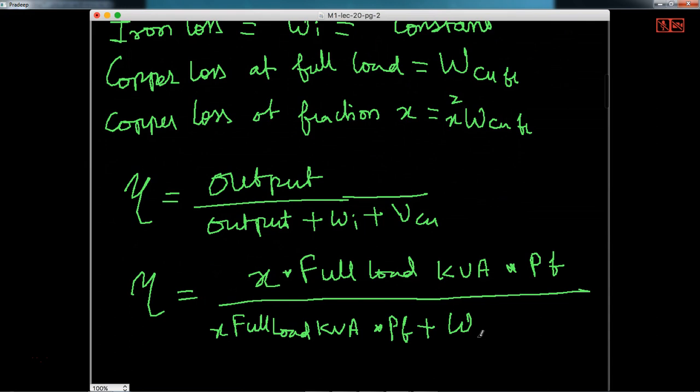So like this I can get the full load copper loss. So this is one single equation, and everything is available in this equation.